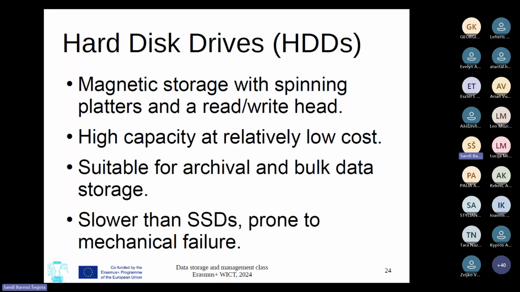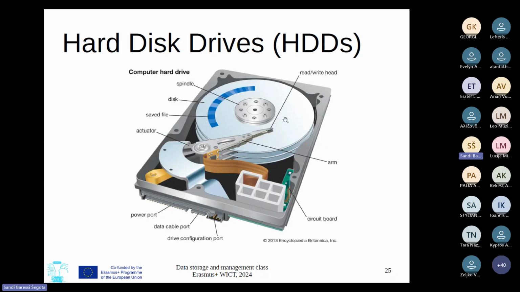Basically, hard disk drives look a bit like this. They're a bit bulkier. The most common diameter for this disk that you see in the center is 3.5 inches or 2.5 inches. And essentially, these discs that you see in the middle are magnetic. They will spin, and here you have the read-write head that will be used as a sensor and read the value that's stored there, whether a certain sector is magnetized or not magnetized.